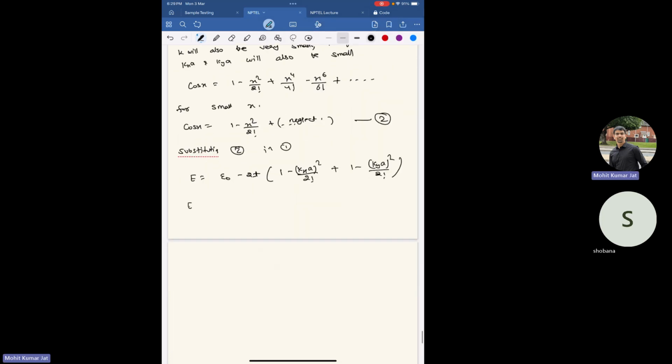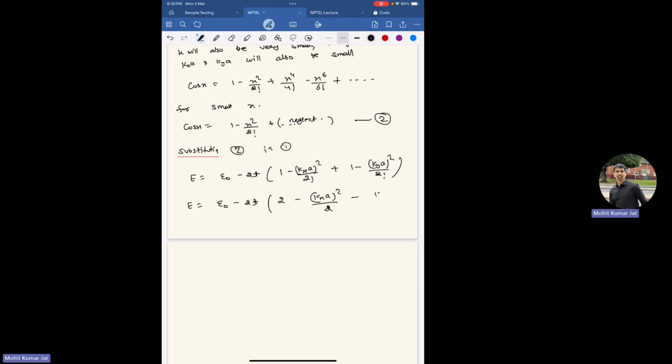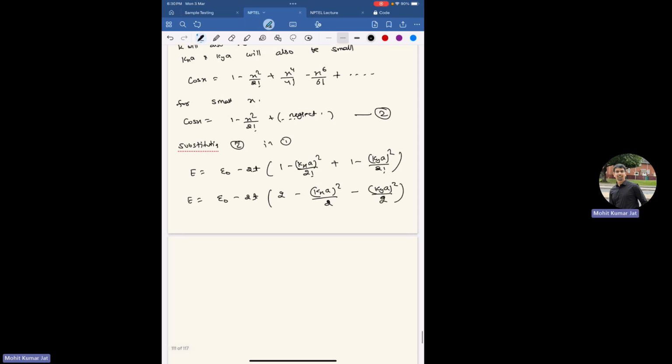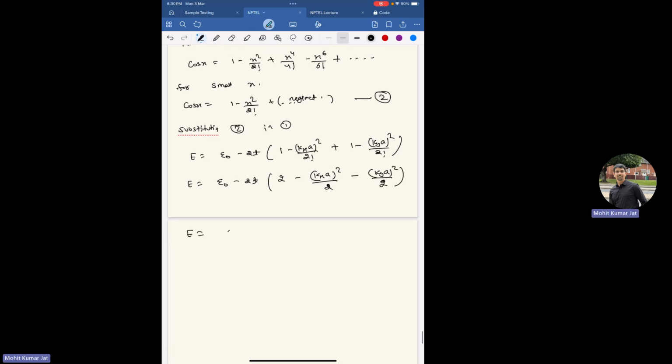Now you can write E equals E0 minus 2t times 1 plus 1, which is 2, minus (kxa) squared by 2 minus (kya) squared by 2. So E equals E0 minus 4t plus t times (kxa) squared plus (kya) squared.